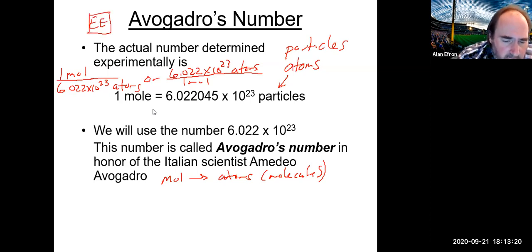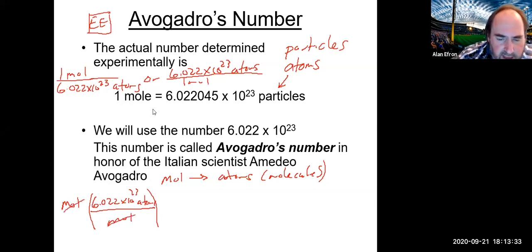We clearly want to make sure we do use our exponent button, definitely when you're punching it into your calculator. So if you have moles and you want atoms or molecules, you're going to multiply by Avogadro's number. Moles will cancel, gives you atoms or molecules.